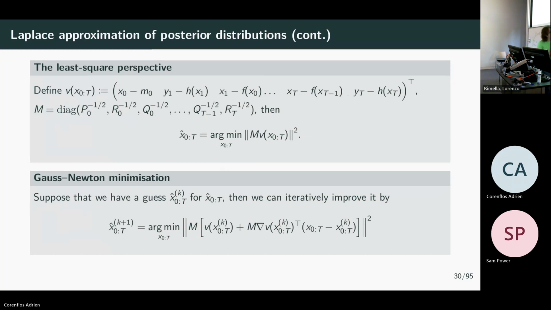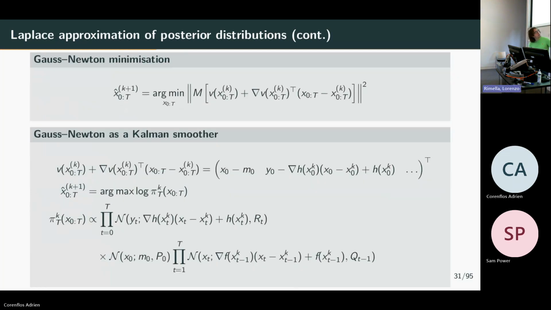So you look at it closely and you say, a bit hard, let's just take the gradient. Sorry, no, you don't take the gradient, my bad. You already have the gradient. Gradient of V is there.